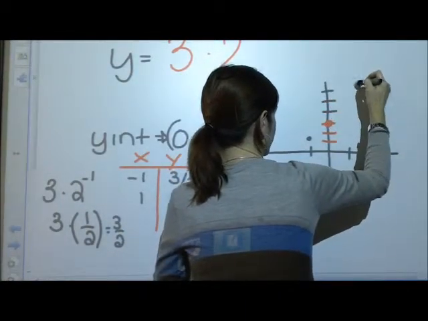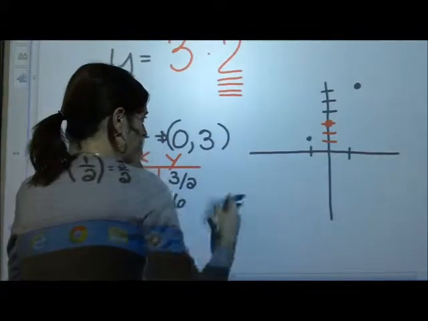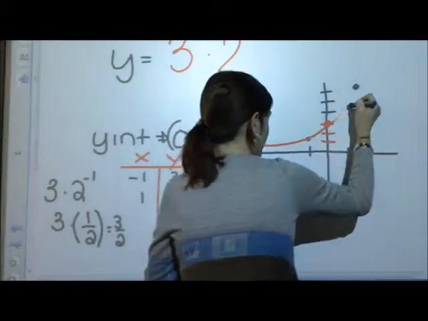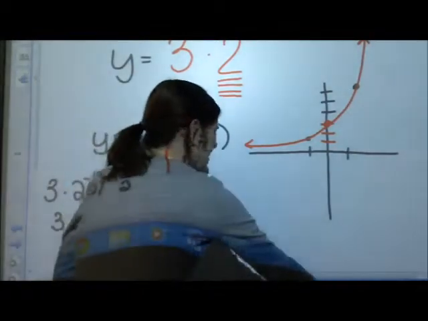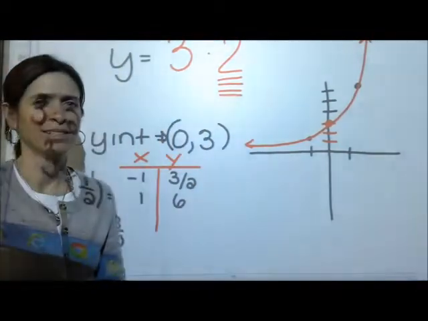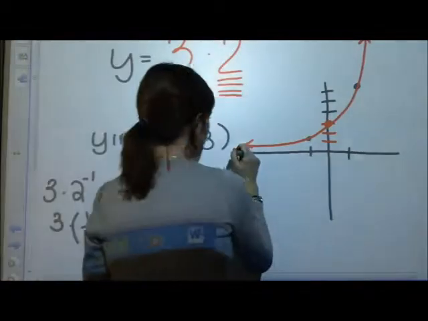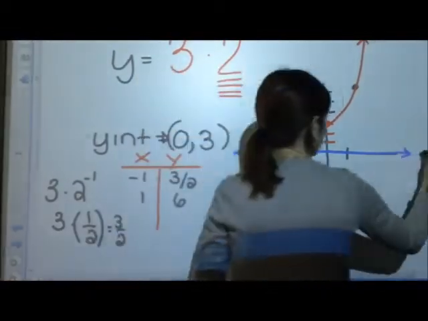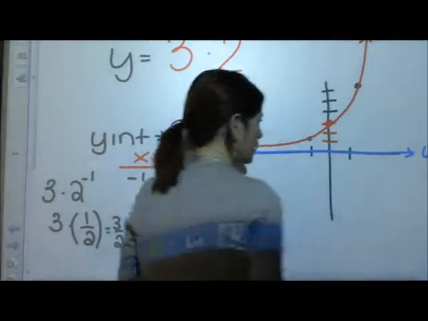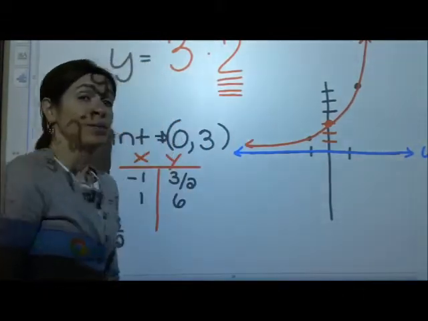So right about there. Now remember, I'm going to graph it, it's going like that. We said it got really, really close to this line, y equals 0. Got really close to it, but it never touched it.